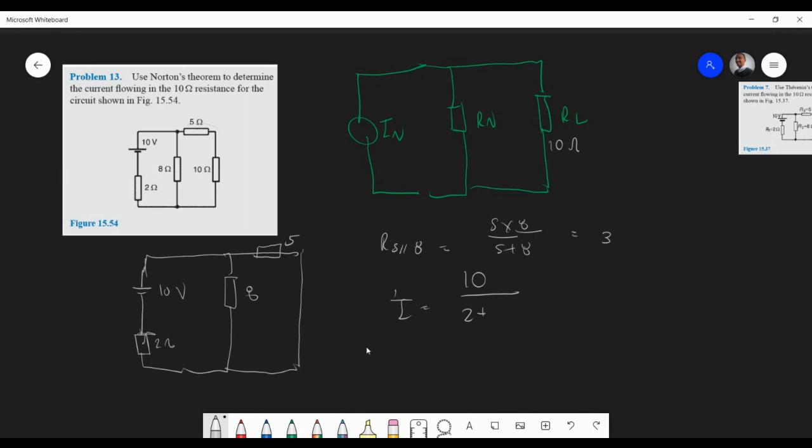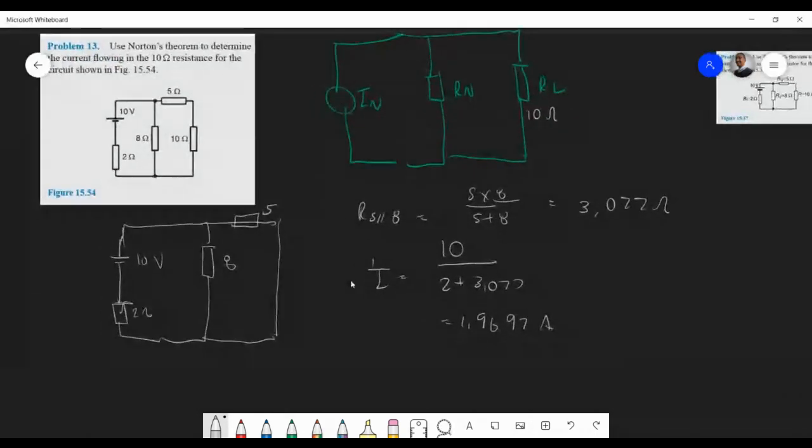So we should get 3.077 ohms. I'm just finding the total current within that piece over here, so then we can use current division instead. We could have done it with voltage division as well. 1.9697. I'm always confused sometimes with the short circuit thing. But let's see what's going to work out here.